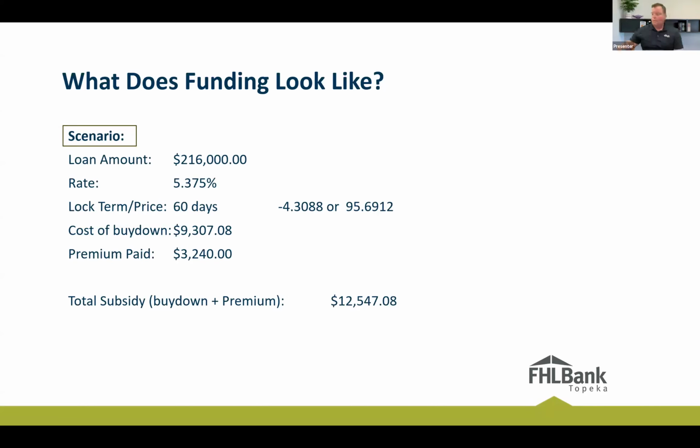So again, when you're thinking about this, you're not going to really see the 9,300. You're going to see this as a combination of the 12.5 on your particular sheet.